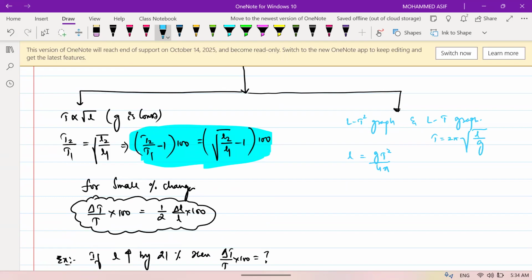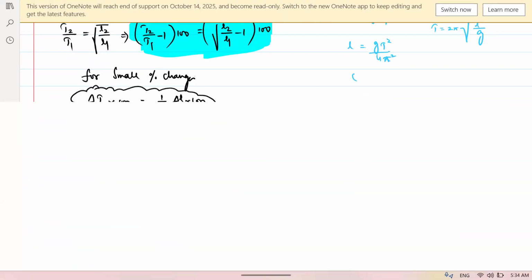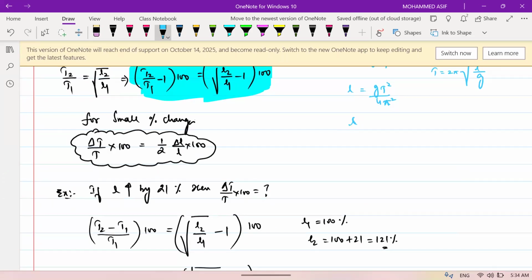Squaring on both sides, T square equals 4 pi square L divided by g. So L equals g T square divided by 4 pi square. That means the length is directly proportional to T square.